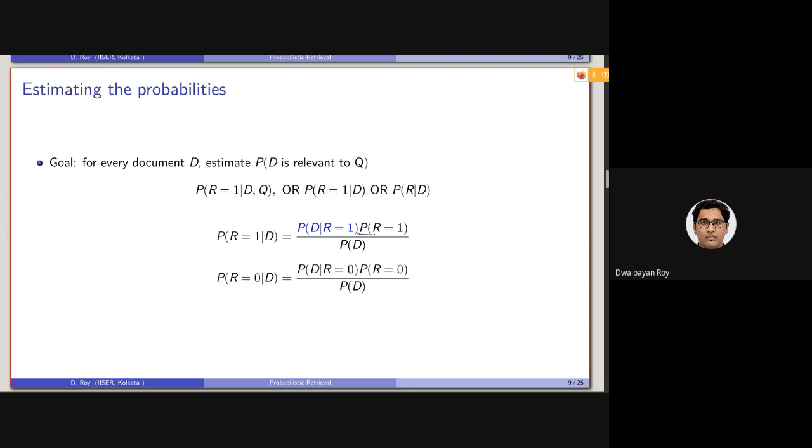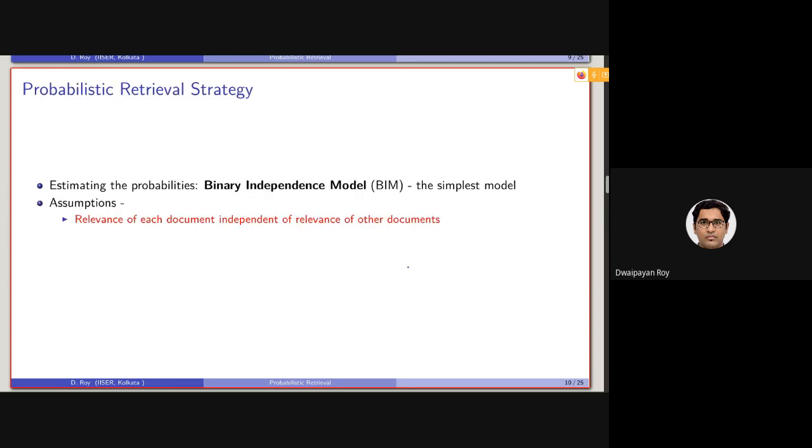Here R equals 0 or R equals 1, they are again considered as the priors. So in the probabilistic retrieval strategy, we will be estimating these probabilities using a simple model called the binary independence model.